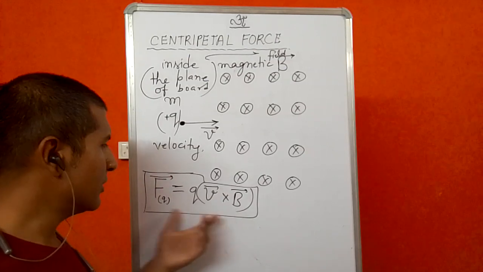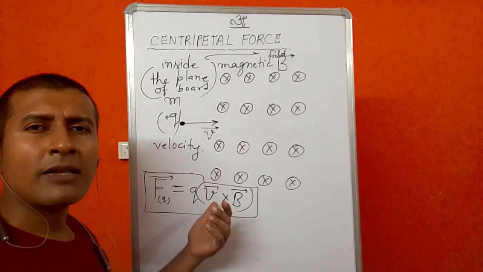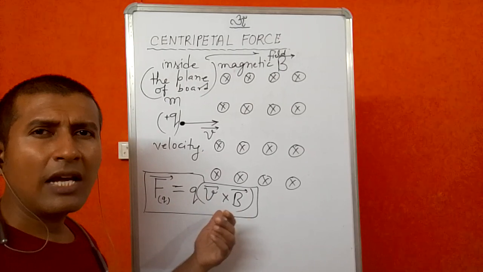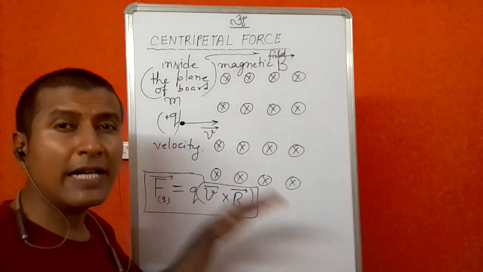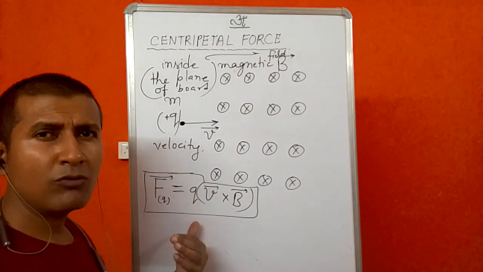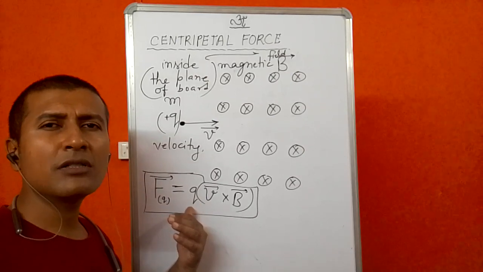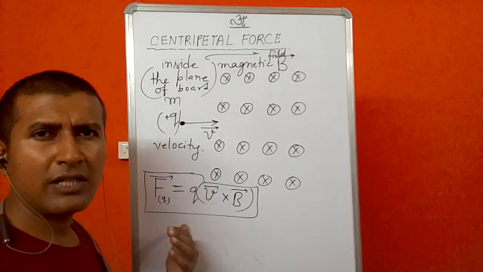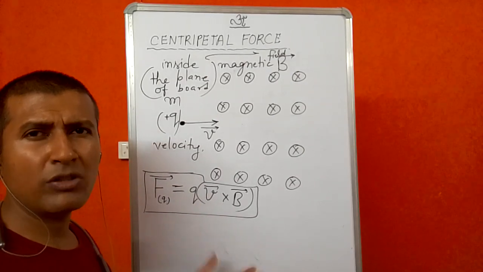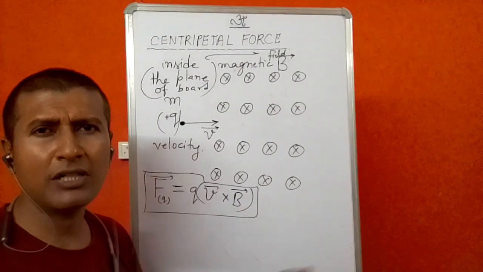Right? So this is basically the cross product of the velocity of the charge and the magnetic field in which it enters, and then multiplied with a scalar quantity, which is the charge. Right? It is defined as the magnetic force applied on any charge that enters into a magnetic field.